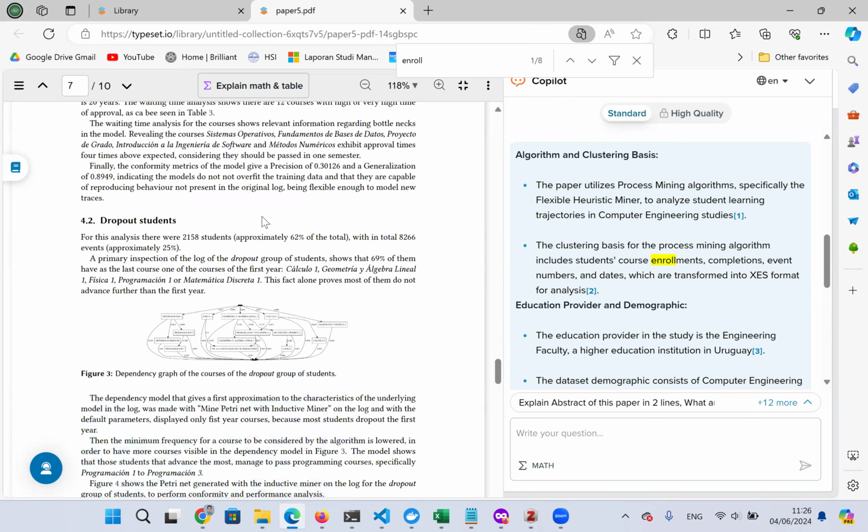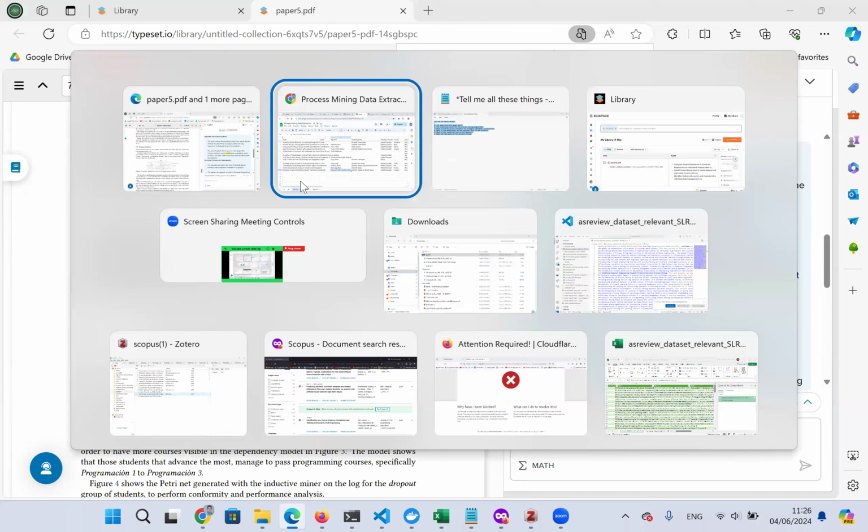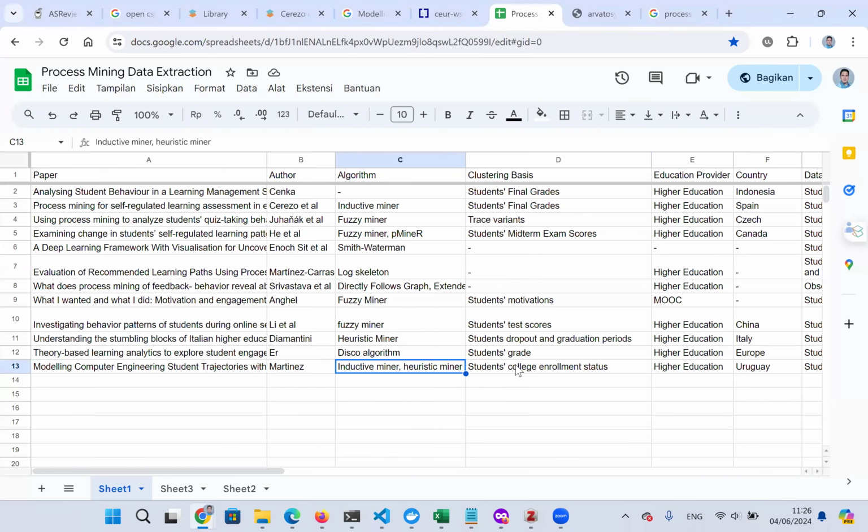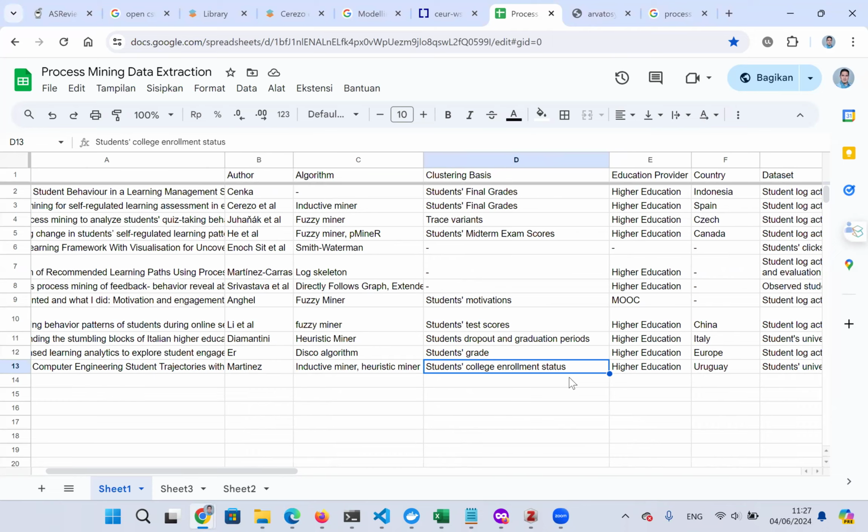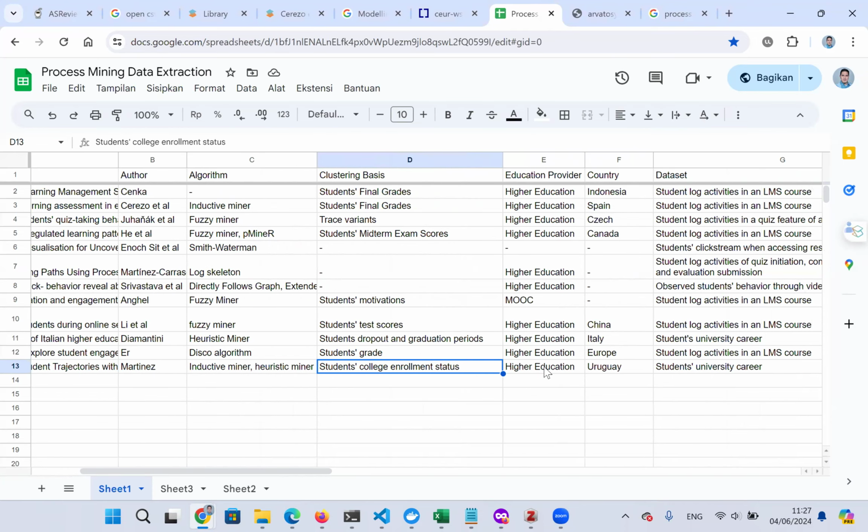So as you can see here, since it is whether the students graduated or dropped out, we can conclude that it is actually students' college enrollment status. Okay, so yeah, next is the education provider.